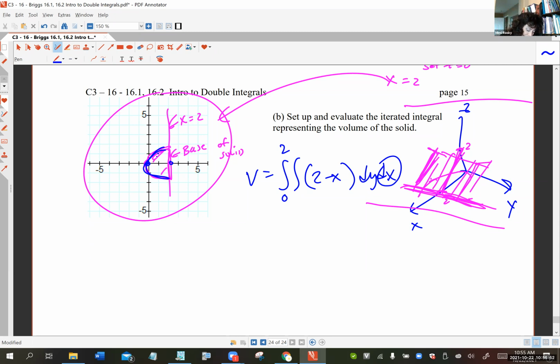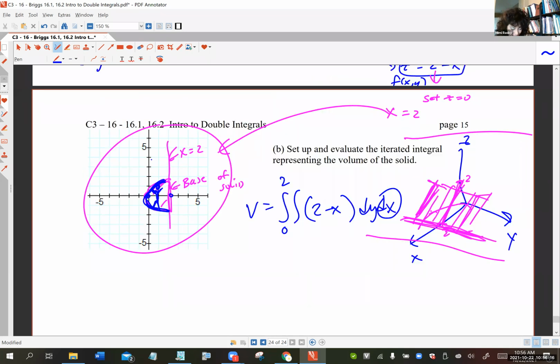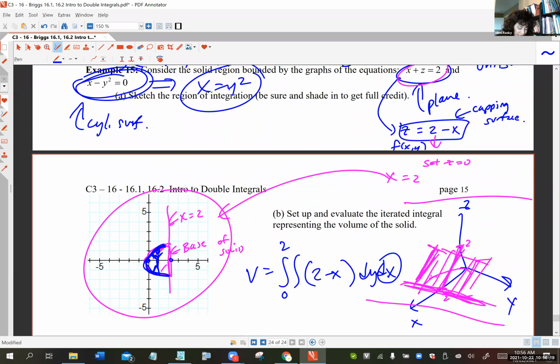Okay, so dy dx is vertically simple. Draw a vertical little man in here. Okay, this is where it gets weird. The man's feet are on the lower limit for y, which is that sideways parabola. But the man's head is also on the sideways parabola. Does that mean we put the same limit for y? No, no. You wouldn't want to put y squared here anyway, because you're not allowed to have the limits of integration match the variable of integration.